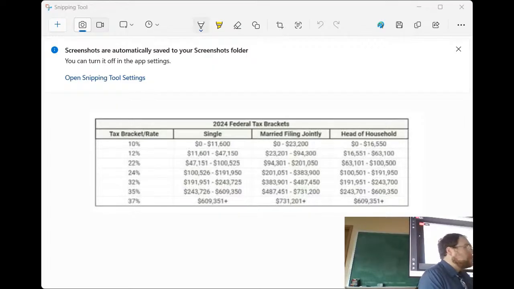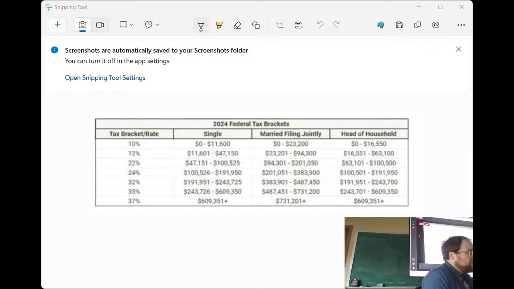Now this is a tax on your taxable income, right? Not the salary, right? For the state, yeah. Salary minus HSA, times the 3.07, and then divided by 100.